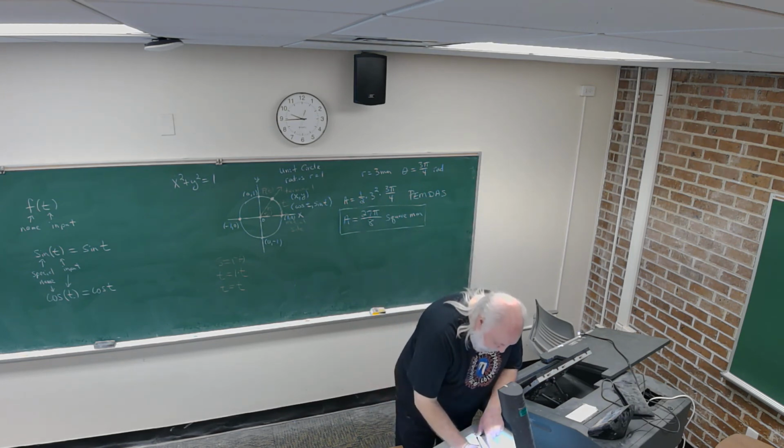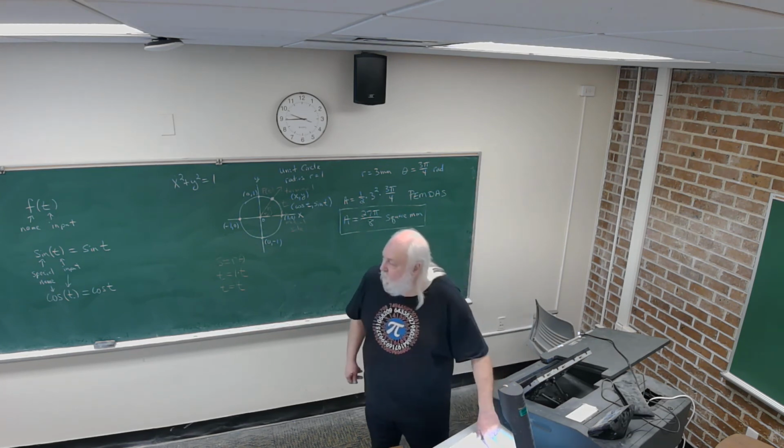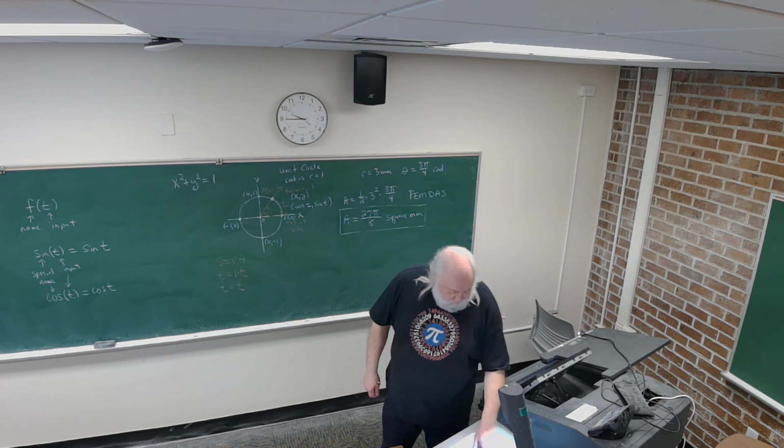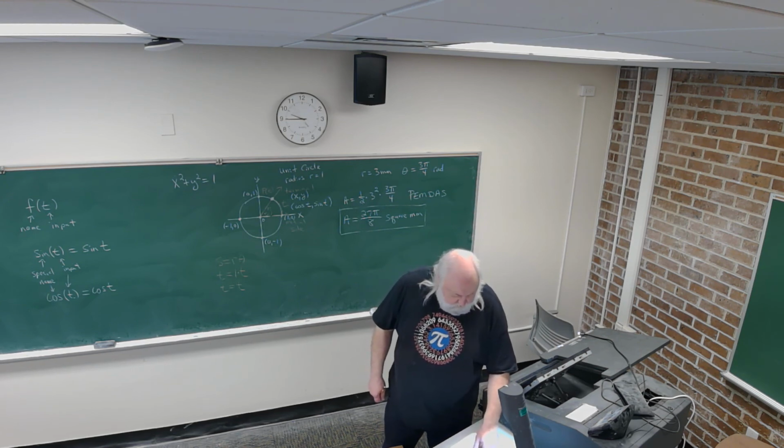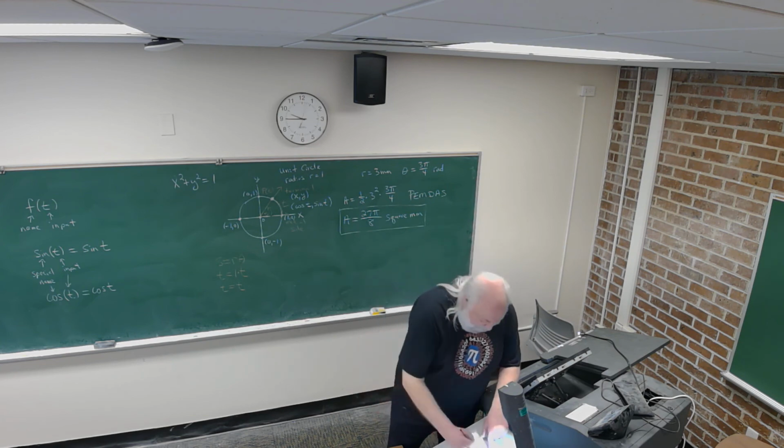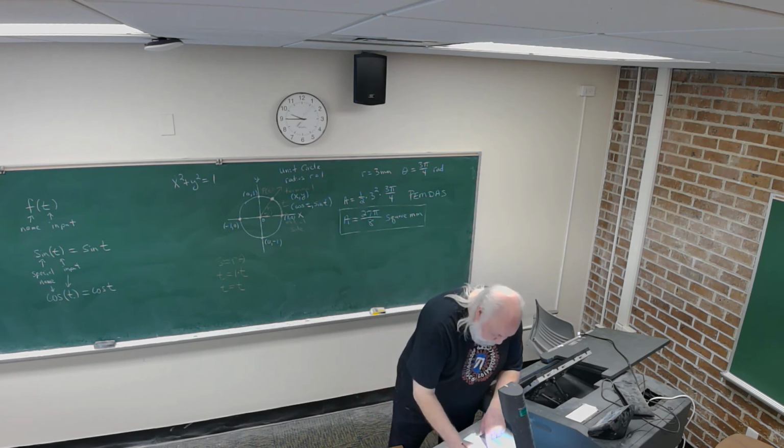If P of t is in the second quadrant, the terminal side of the angle is in the second quadrant, then you know the x coordinate is negative and the y coordinate is positive for all points in the second quadrant. So that means cosine t is negative and sine t is positive if P of t is in the second quadrant. And likewise, if P of t is in the third quadrant, all points in the third quadrant have a negative x coordinate and a negative y coordinate.